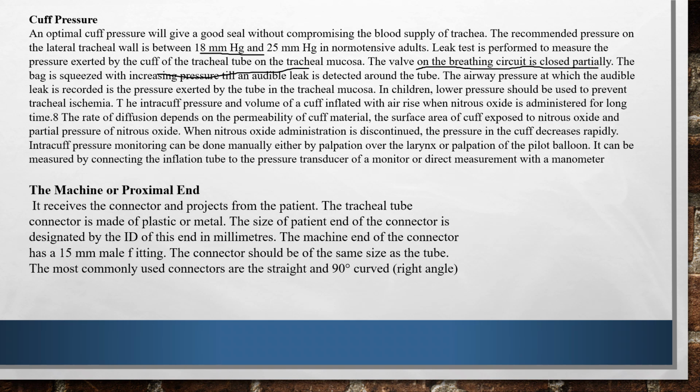Often this question is asked in competitive exams: the ideal connector size of the endotracheal tube machine end is 15 millimeter, 22, or 20. So the ideal connector size of the machine end or proximal end will be 15 millimeter.